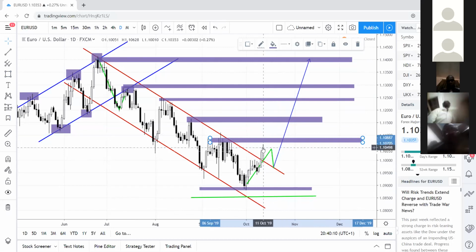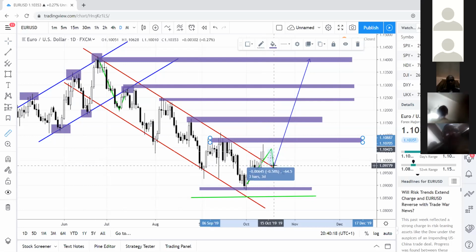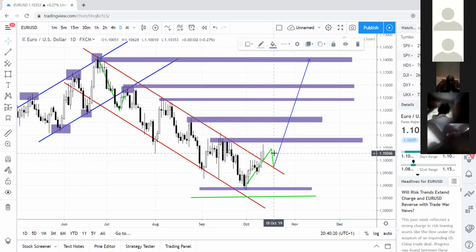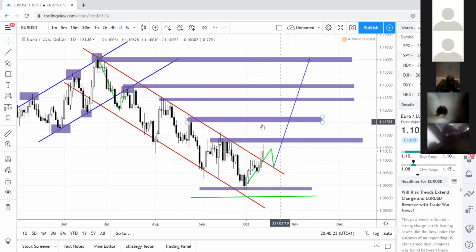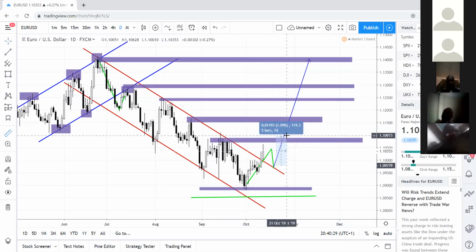All right, so if it comes down briefly, let's say about 50, 60 pips, and it shows me a sign of a buy, I'm going to buy. I'm going to take my first profit here. So from here to here, that's about 90 pips.